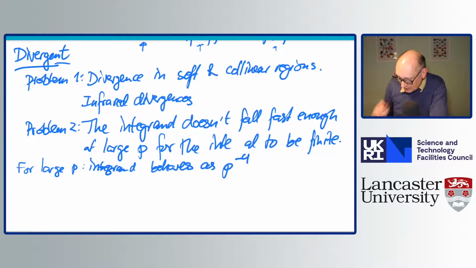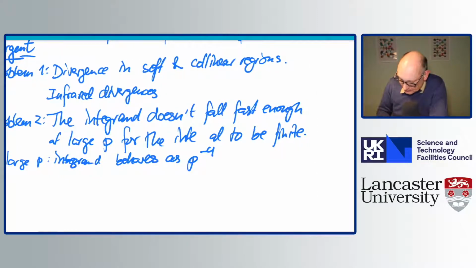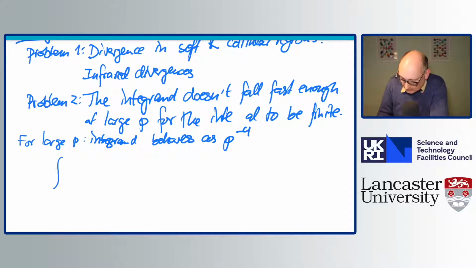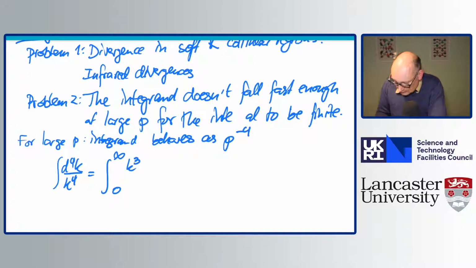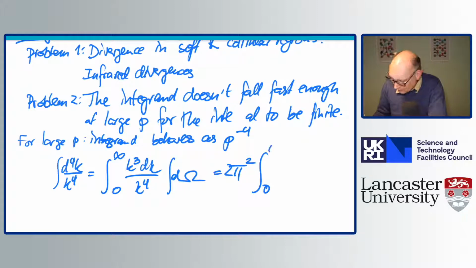Now, by changing integration variables at large p, one sees that the integral d4k over k to the 4, that's what we saw was the behavior at large p, is equal to the integral, we just parameterize that in spherical coordinates, so that's the length of k over k to the 4, and then a spherical integral, which is equal to 2 pi squared, the integral from 0 to infinity dk over k.